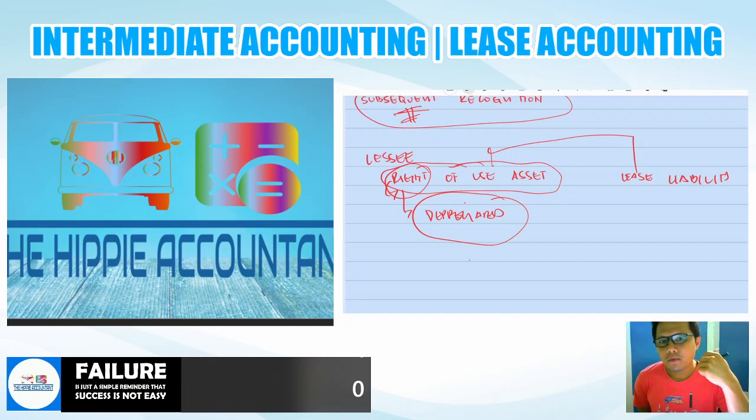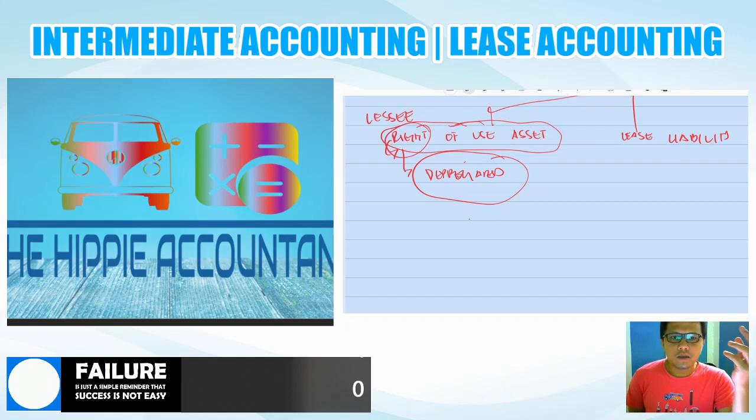Now, the problem here when it comes to right of use asset is that, madali lang naman, di ba? It is easy to compute for depreciation. The problem is, what will be the basis for the depreciation and what will be the method used?